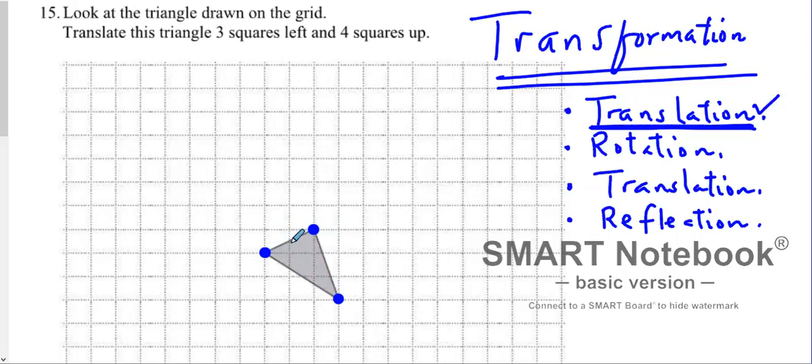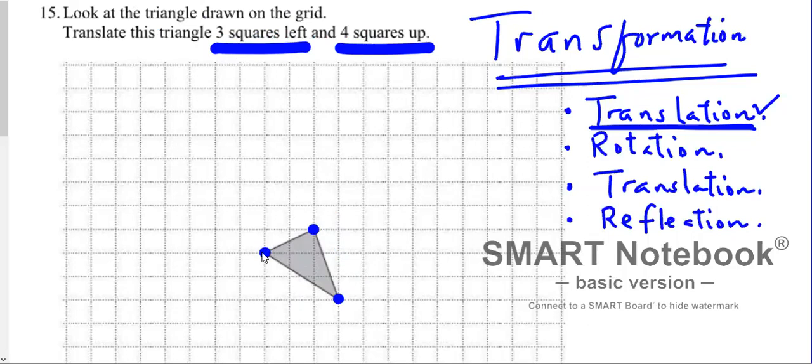In this case, we have 3 corners making up the shape. So we need to move each point in a given distance or in a given direction: 3 squares left and 4 squares up.